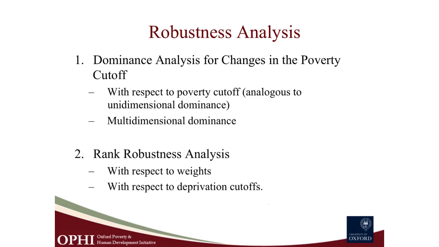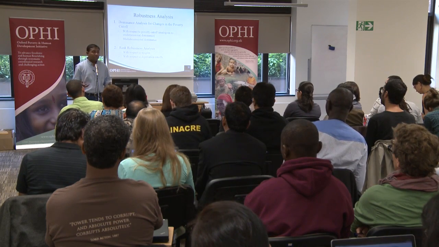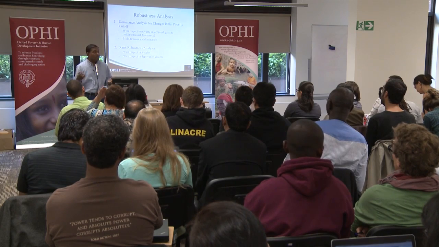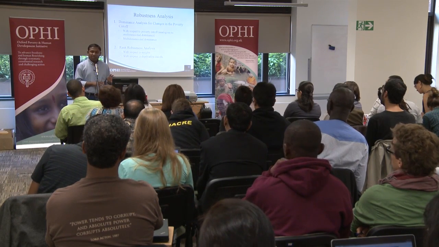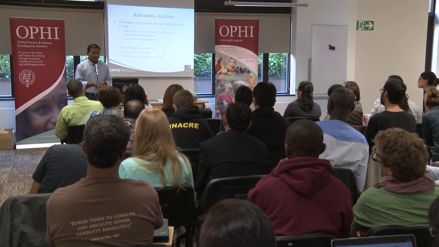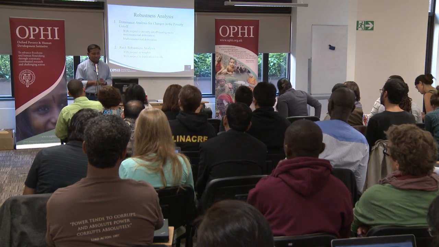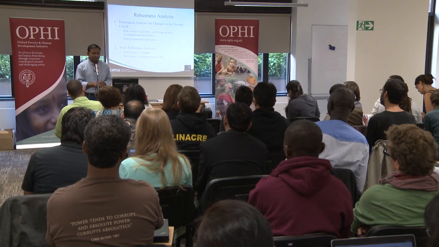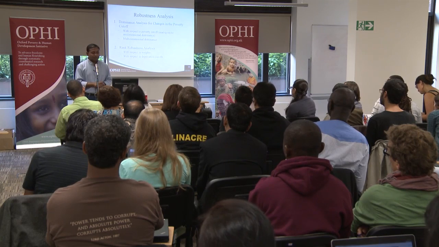Remember, we should be able to say, no matter what poverty line we choose, if poverty has gone down or gone up, or poverty in one region is higher than the other. I'm not going to discuss too much on multidimensional dominance, because it will take much more time. At this moment, we do not have enough time to discuss it. And the second one is rank robustness analysis.